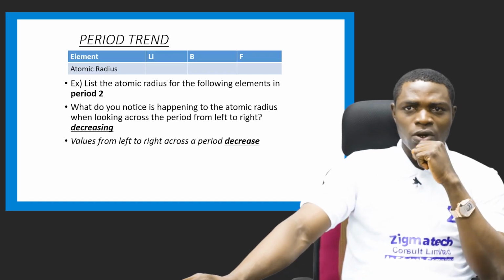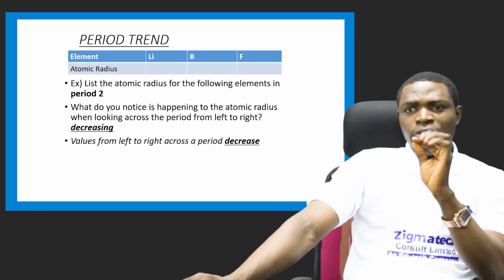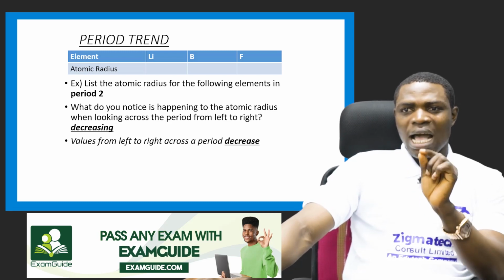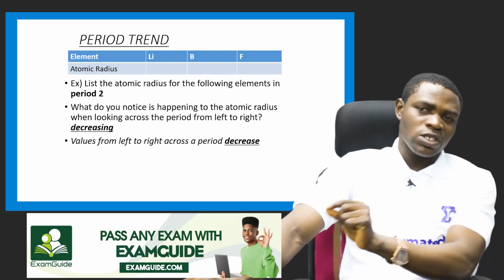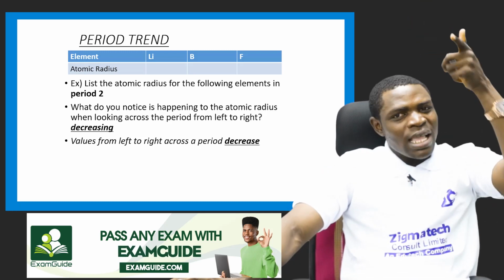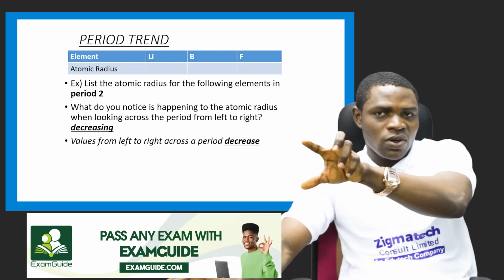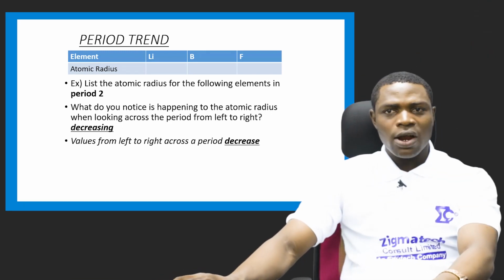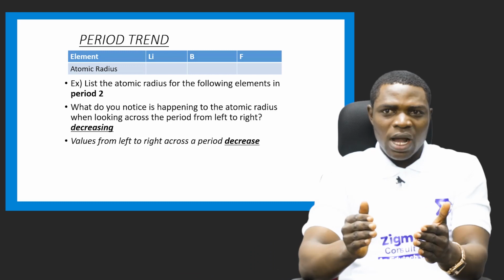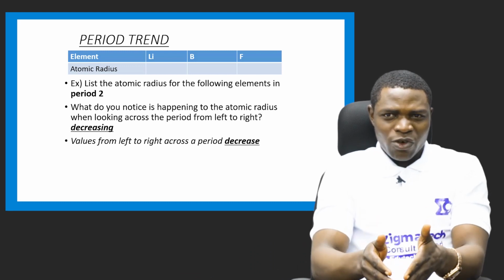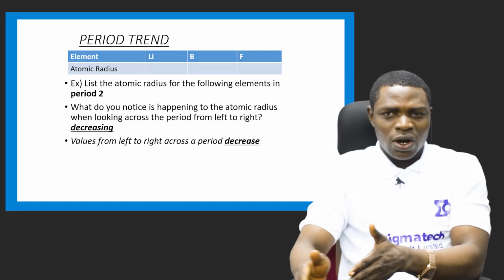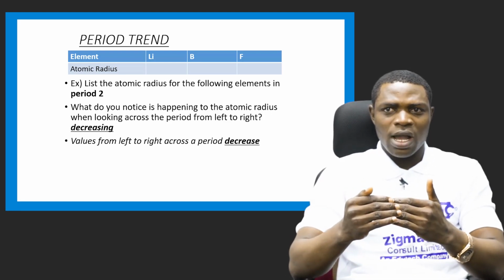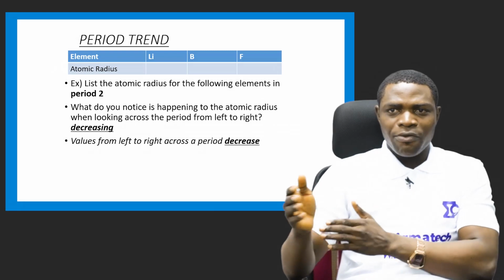Let's trace it across the period. You understand that atomic radius actually decreases across the period. Remember, ionization energy increases across the period, but atomic radius decreases across the period. So the value goes down from left to right.